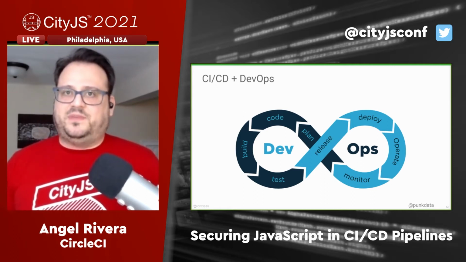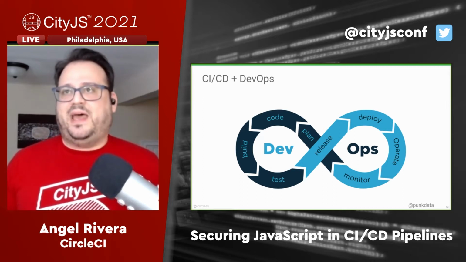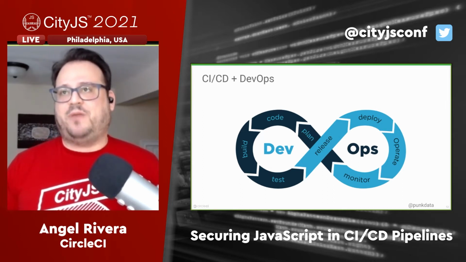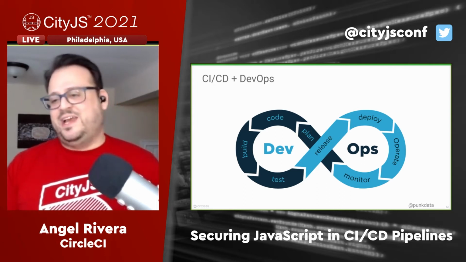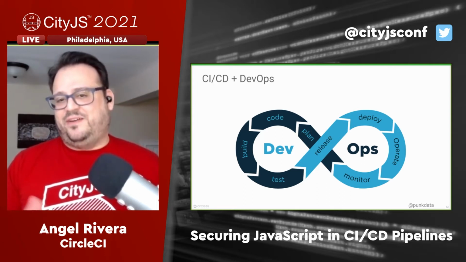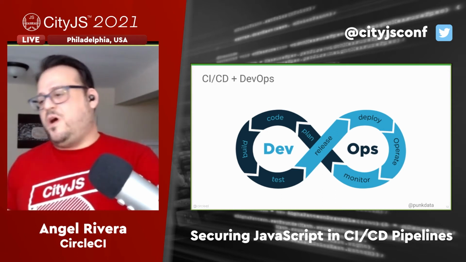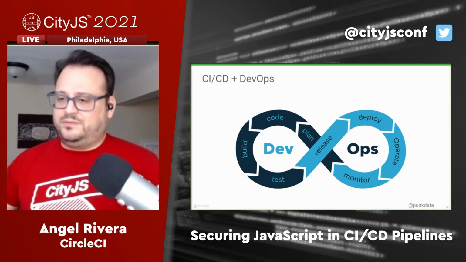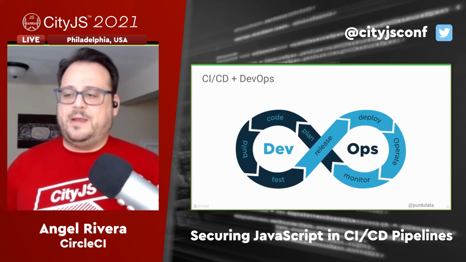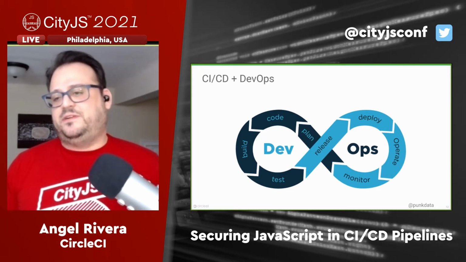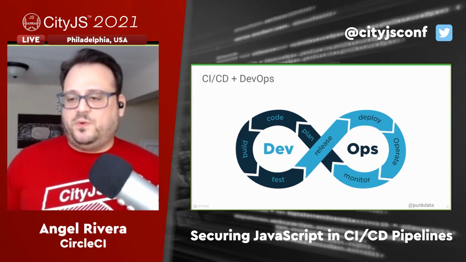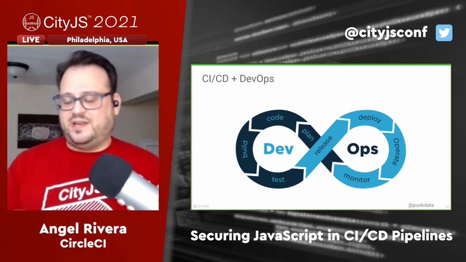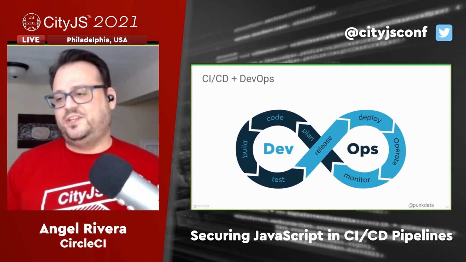If you've developed any software in the past 10 years, you've probably experienced where the development shop does their work, and then once they finish updating their code, it gets thrown over the wall to the operations teams, and they handle deploying it and releasing it to the public, right? So with DevOps, the concept is, you are a developer, there's operations teams, but you should be working in tandem. And that's where I call this the DevOps infinity loop starts, right?